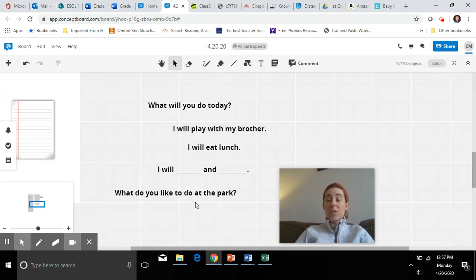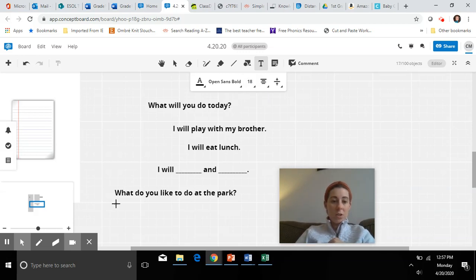I like to swing on the swings. Those are 2 things that Miss Makadia likes to do at the park. Think about, what do you like to do at the park? Maybe you like to play soccer. Maybe you like to feed the ducks. What do you like to do? And then think of 2 things and put them together in one sentence.